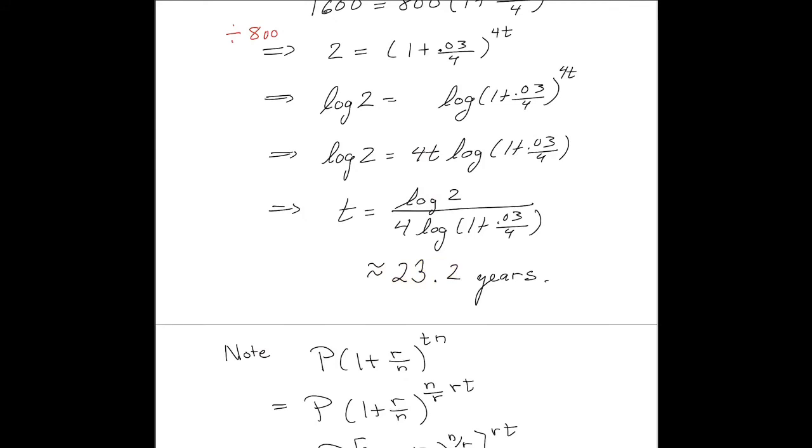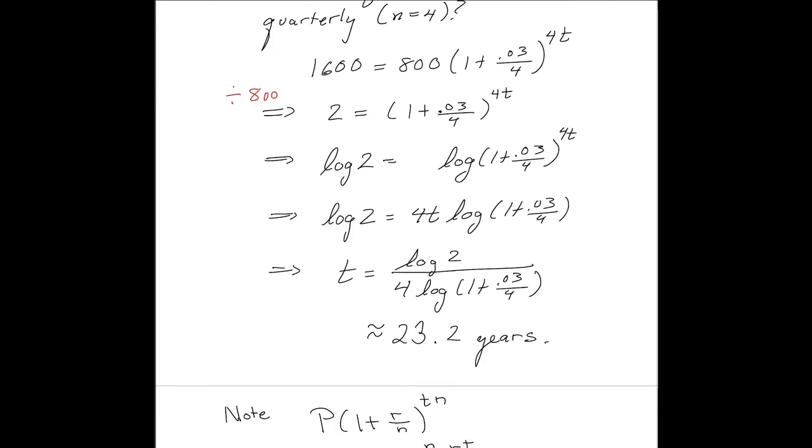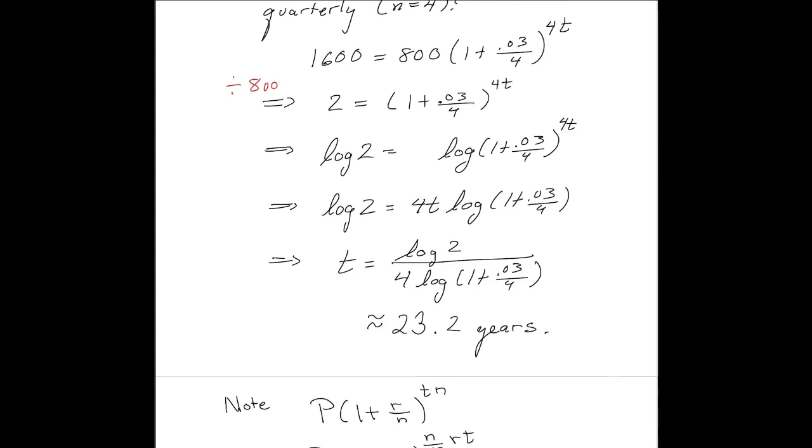That's providing, of course, the interest rate doesn't change, and so this is a single investment that you agree to hold in an account at this particular interest rate, let's say a CD. This is generally how you would solve for t.